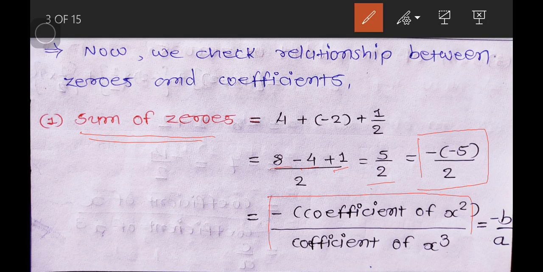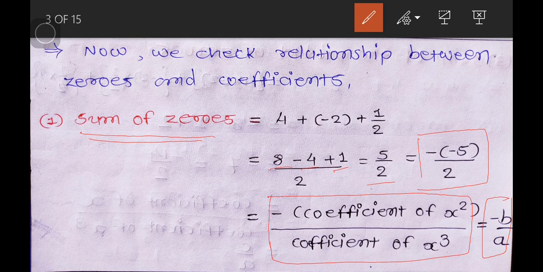If we write the coefficient of x square as b and the coefficient of x cube as a, then the sum of zeros is equal to minus b by a, where b is the coefficient of x square and a is the coefficient of x cube.